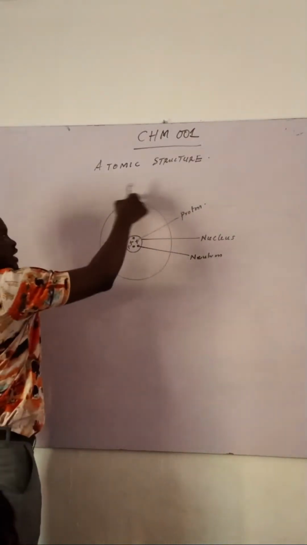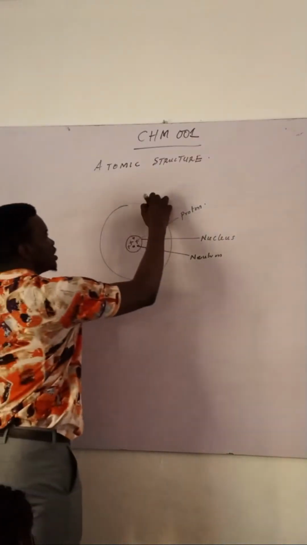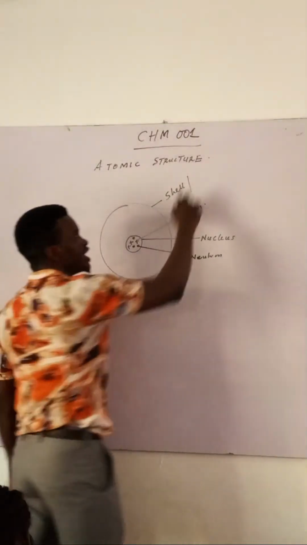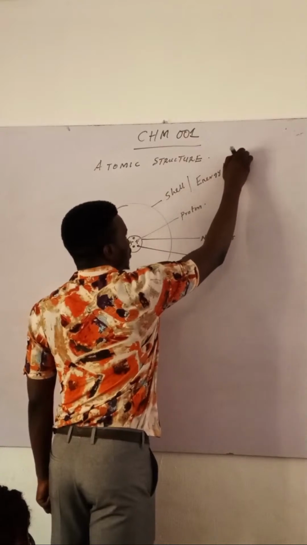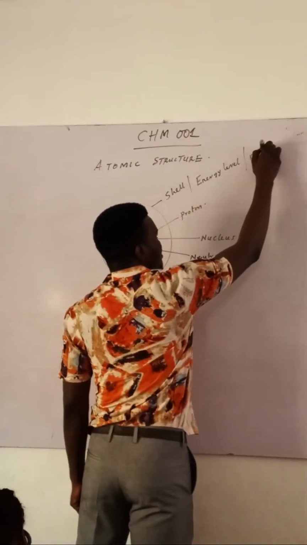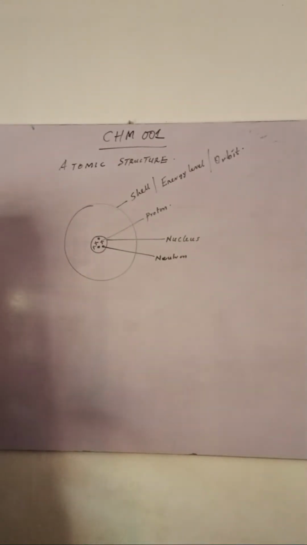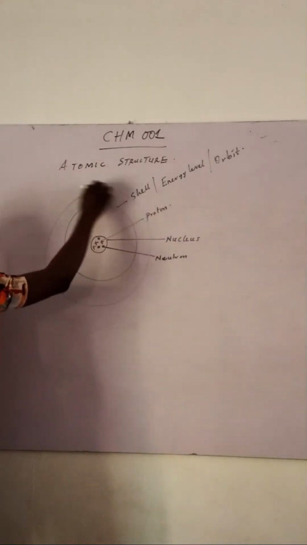Then there is a surrounding around that nucleus. That surrounding is usually called the shell. It is also called the energy level. It is also called orbits. So we have the shell, the energy level, the orbit. This shell can be of different numbers.